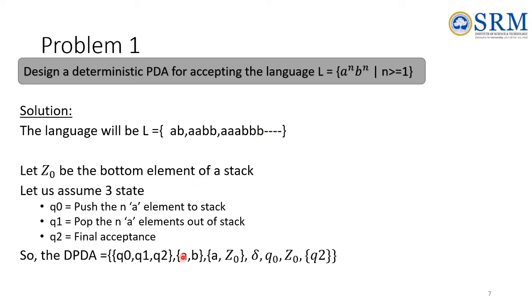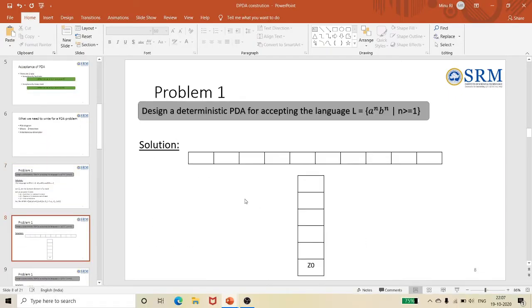Before seeing these concepts, let me take an example. Suppose I have an input of 2 A's and 2 B's, and the bottom of the stack is Z0. How can I design a PDA?